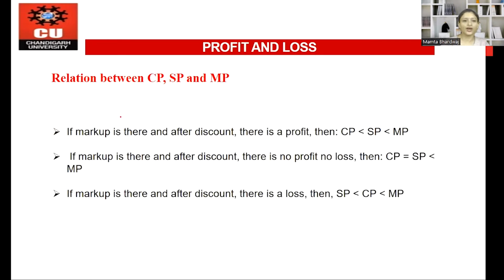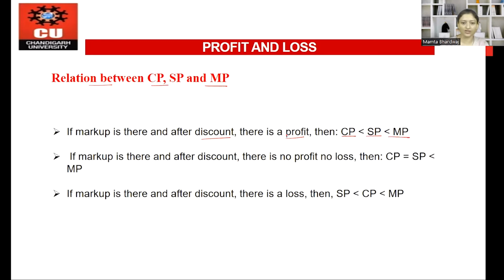So let's move ahead. Now we will discuss the relationship between the cost price, selling price, and marked price. Marked price is nothing but the markup price, MRP, print rate. If the markup is there and after discount there is a profit, then the cost price is less than the selling price, and the selling price is less than the marked price.